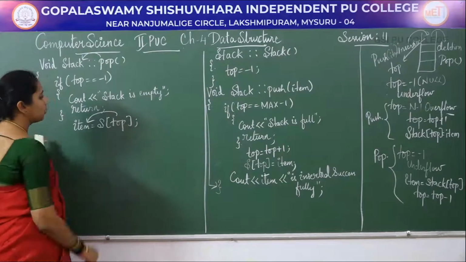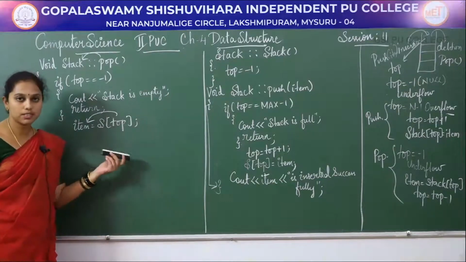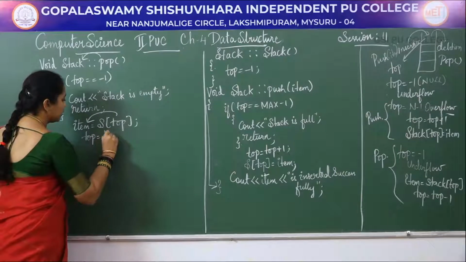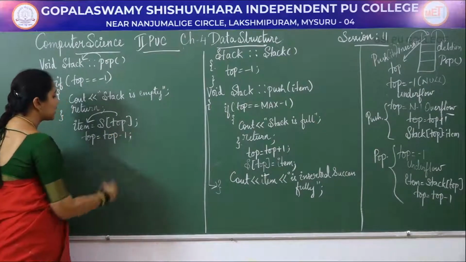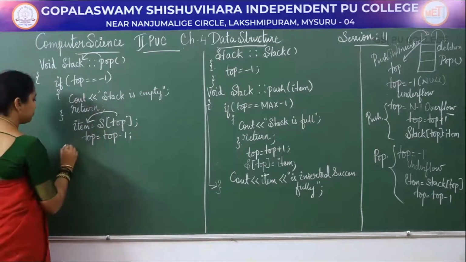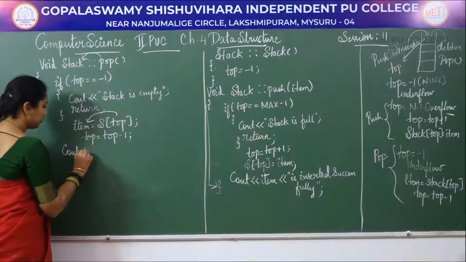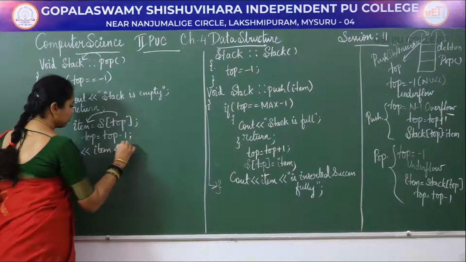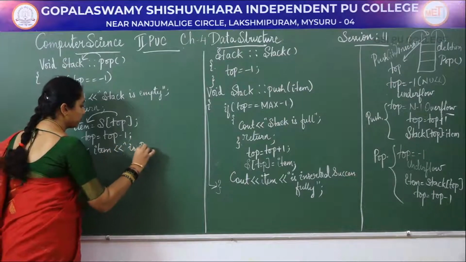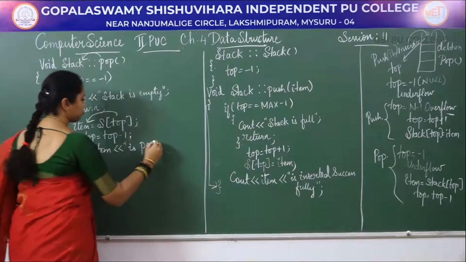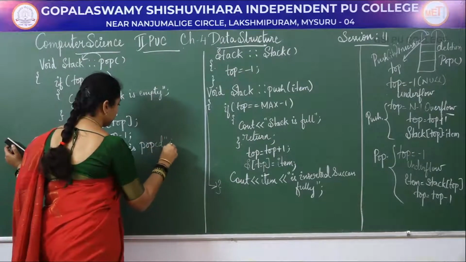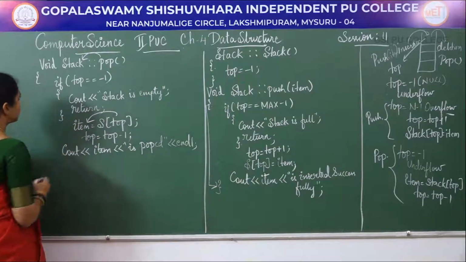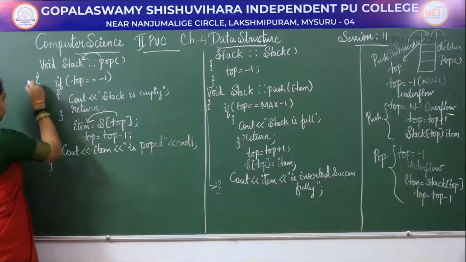After removing an item from the top of the stack, the top gets decremented: top is equal to top minus 1. Cout item is popped. So I am closing this function.